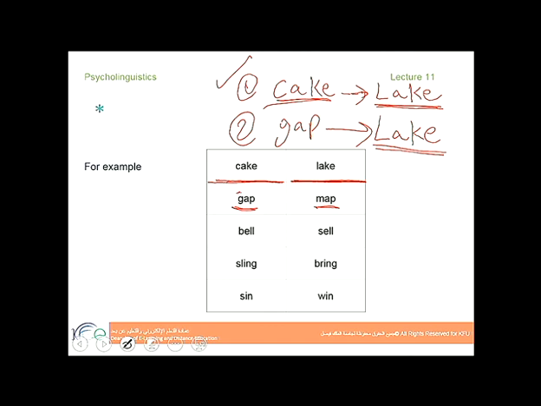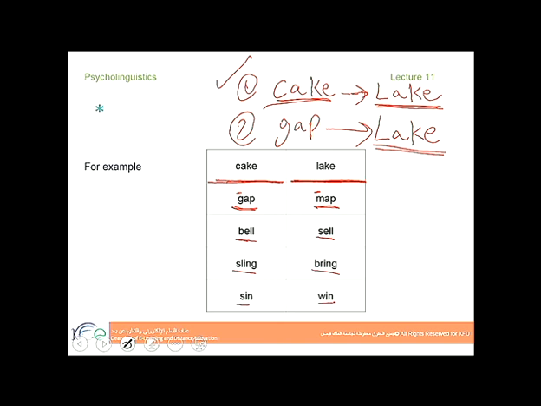The only difference is the first phoneme. We have other examples like bell and cell. Sling and bring. Sin, win.